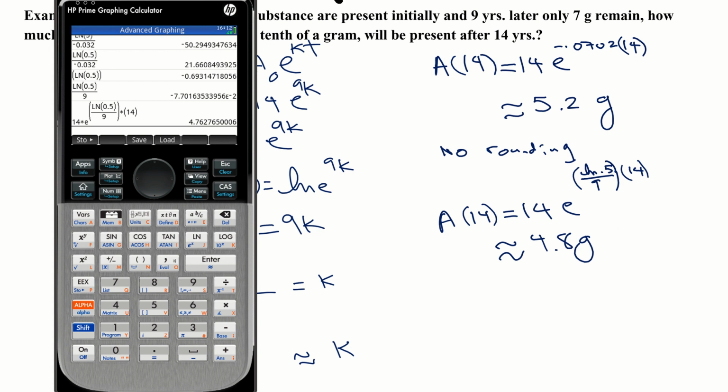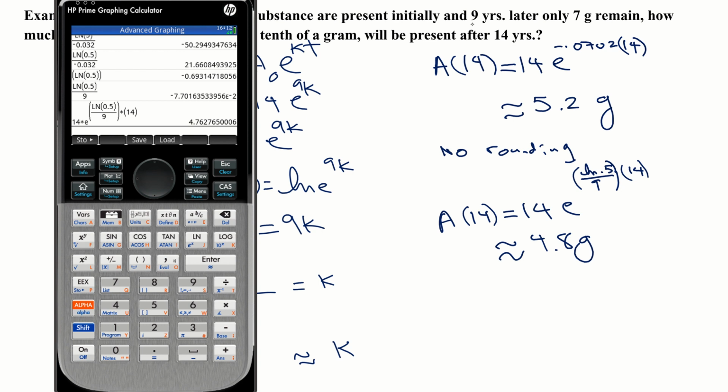Another thing I want to bring to your attention is that once you have the growth or decay constant, it doesn't matter at what point you pick things up. So, for example, when we wanted to calculate how much will be left after 14 years, we started with the initial amount of 14 grams, right? What I could have done is start from the 9-year mark. That means to get from 9 to 14, that would just be a 5-year movement from that point, right?